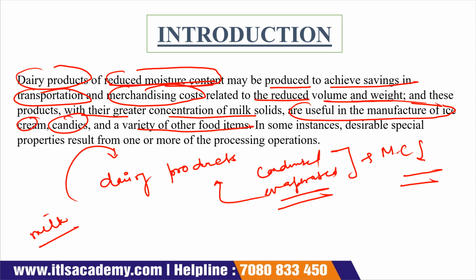So in concentrated milk, the concentration of milk solids is greater compared to other types of milk. That's why it is used in the manufacturing of different products, such as cream, ice cream, candies, and a variety of other items.